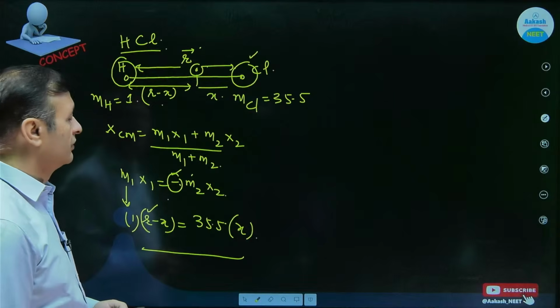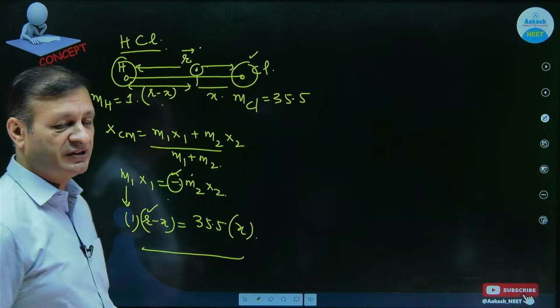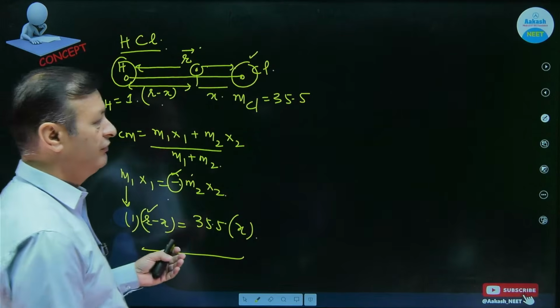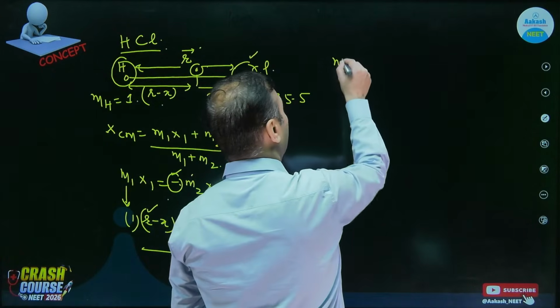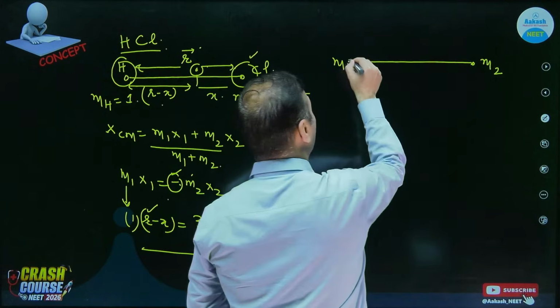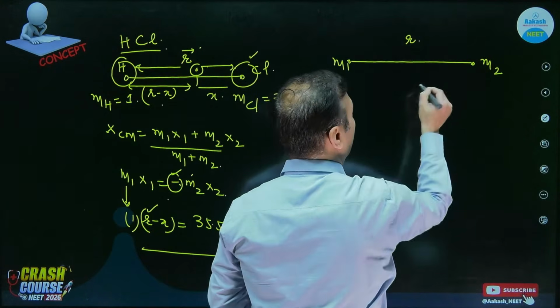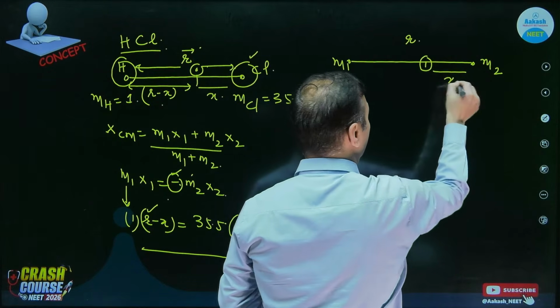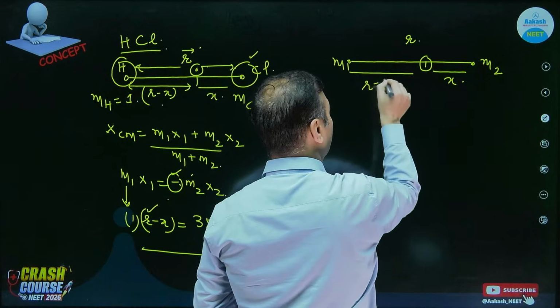Good. So this is the very first basic numerical you have. You can put it in generalized form also, like if I say this is m1, this is m2, and this is r, got it? So let's suppose center of mass is here, so this is x, this is r minus x.